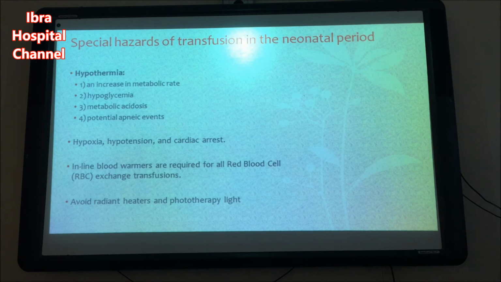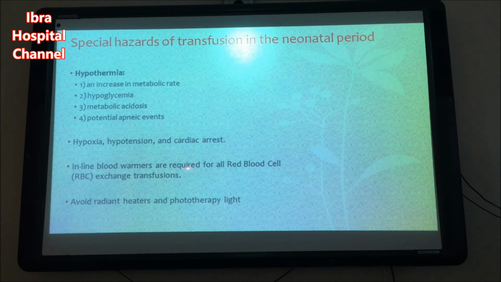So hypothermia in pediatrics is very important, and remember, you are giving blood that is just taken out of the fridge, kept at around 2 to 4 degrees, and that small body will not tolerate hypothermia for a long time. It can cause serious outcomes.